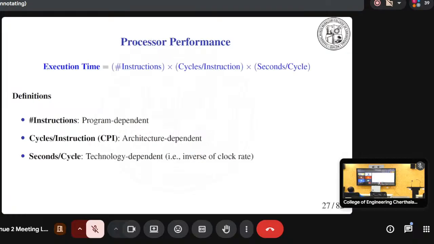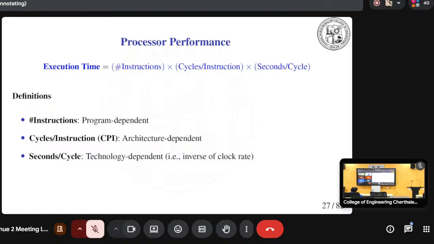So if we go into processor performance, one of the parameters is execution time. Execution time is given by the number of instructions times cycles per instruction, which is CPI, times seconds per cycle. The number of instructions is program dependent, since it is the number of instructions needed to complete that operation.